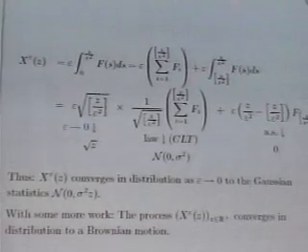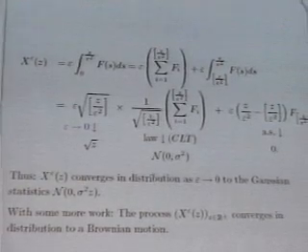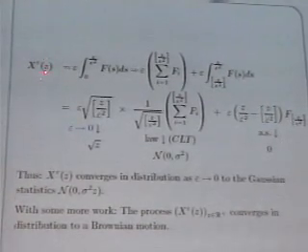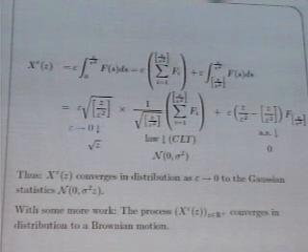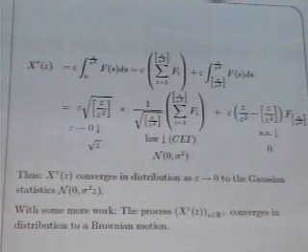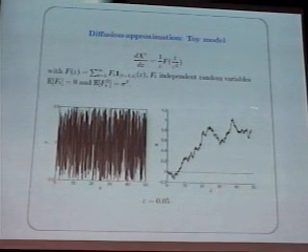And if you go a little deeper into the probability theory, you can prove that not only for a fixed z is this going to a Gaussian statistic, but as a continuous process, it converges to a Brownian motion. A Brownian motion being a Gaussian process with these particular variances and with independent increments. So actually what you had just before is just a realization of a random Brownian motion.